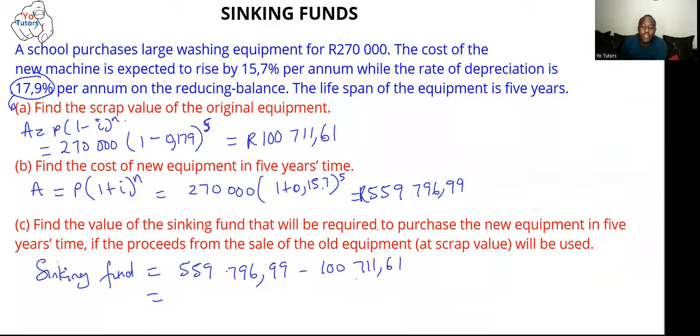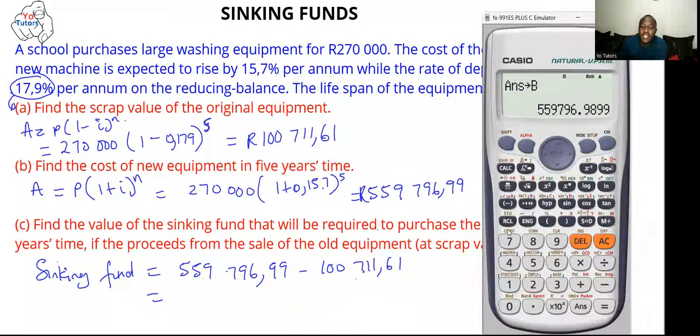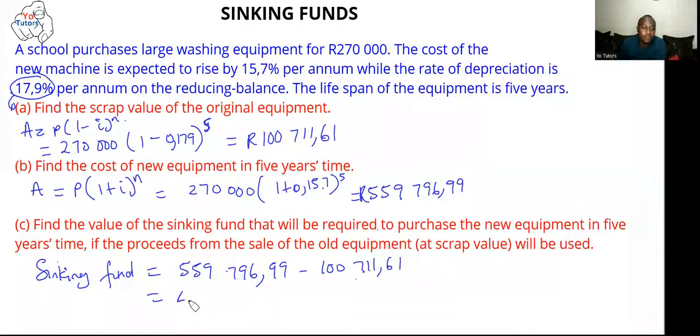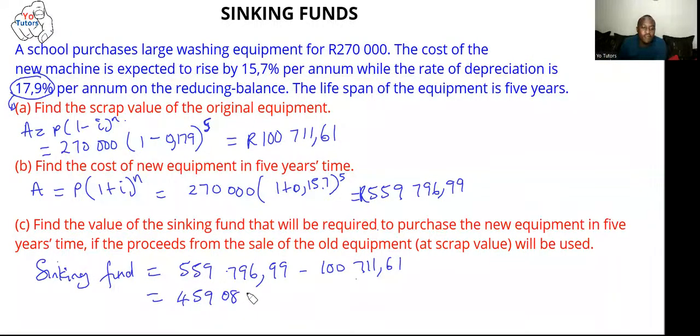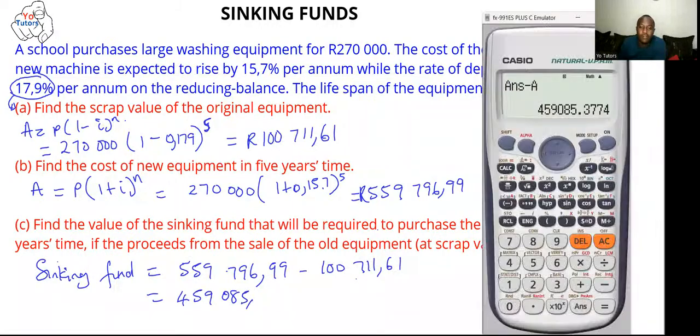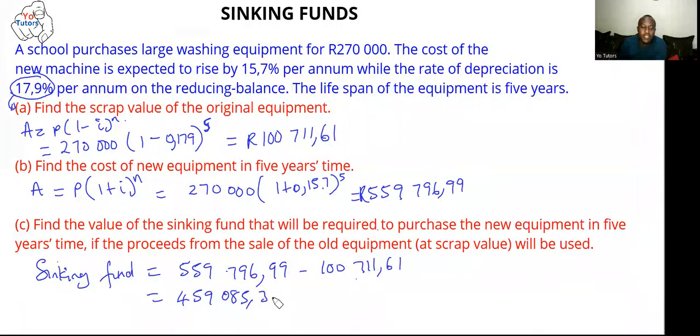What do we get? We can just go to our calculator there and say recall B minus recall A. Then we get 459,085.38. Okay, that's what we get there.